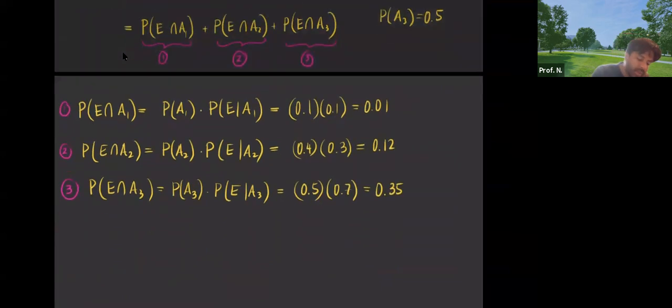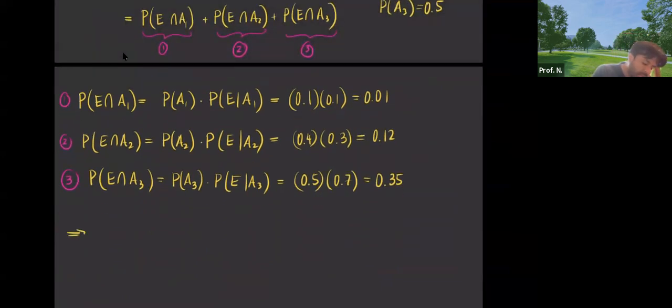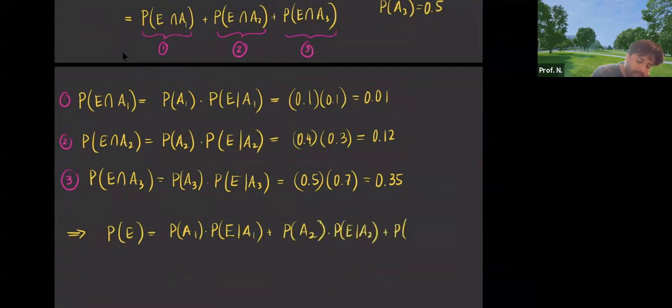And then when you put that all together, the probability of E is equal to the probability of A1 times the probability of E given A1, plus the probability of A2 multiplied by the probability of E given A2, plus the probability of A3 multiplied by the probability of E given A3.